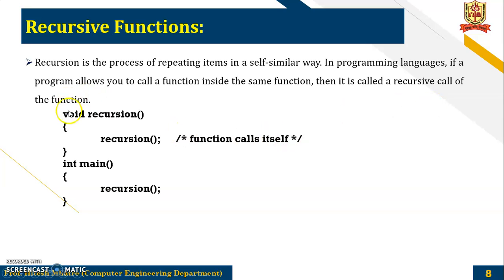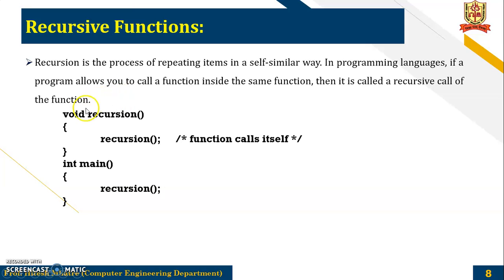And we can see here one of my functions, that is recursion. In recursion, I again have a function call to recursion. So whenever there is a call for recursion, it goes again and again, the function calling itself. To call this recursion, you have to make a call in the main function. Starting from main, you will see the call for the recursion.